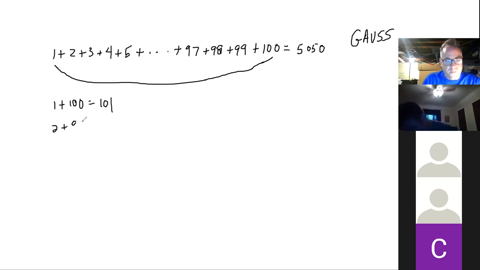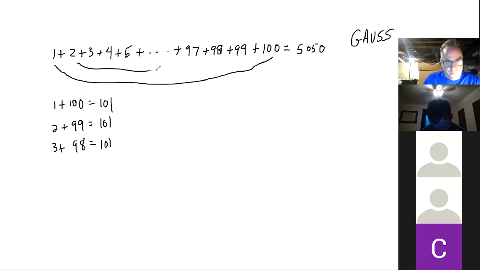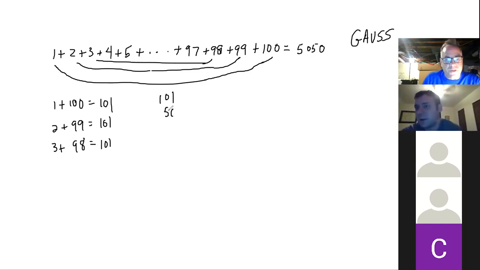And 2 + 99 is 101. And 3 + 98 is 101. So I'm just pairing them up like this, and then realizing, well, there would be 50 pairs of 101s. So the sum would have to be 101 times 50, which is 5,050.